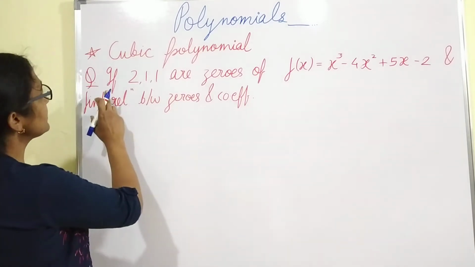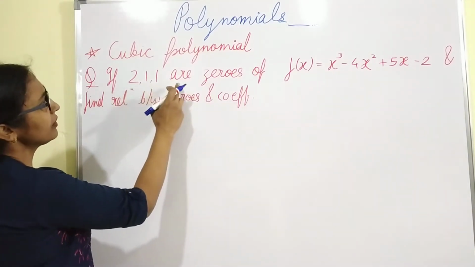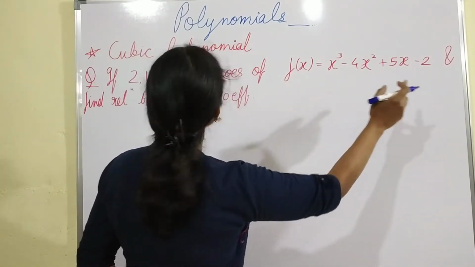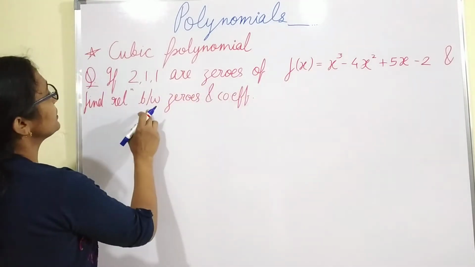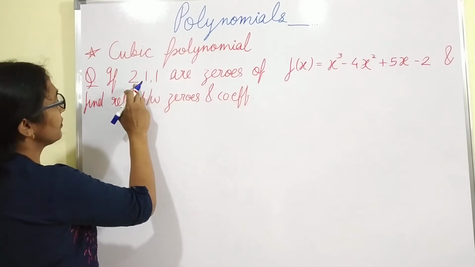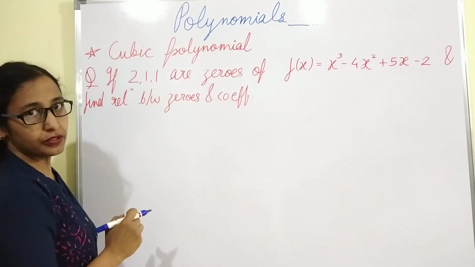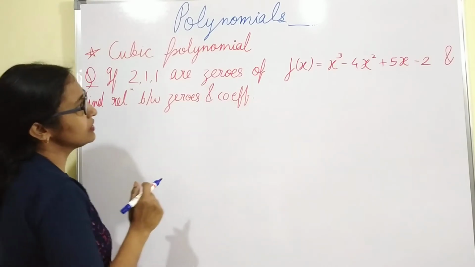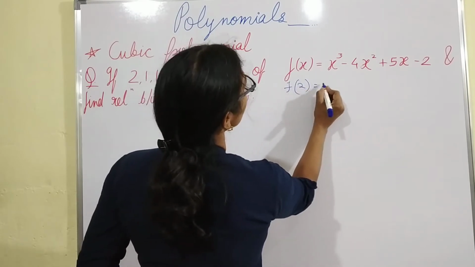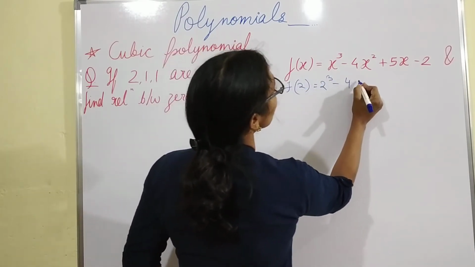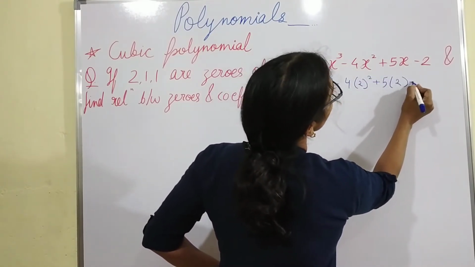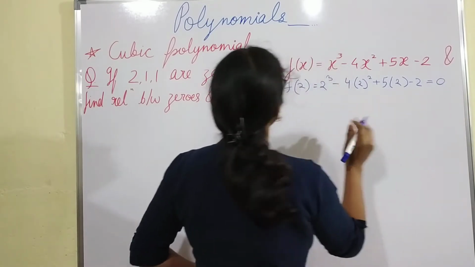Now the question is: if 2, 1, 1 are zeros of f of x equals x cube minus 4x square plus 5x minus 2, verify the relation between zeros and coefficients. First we have to prove that 2, 1 and 1 are zeros. So f of 2 is 2 cube minus 4 times 2 square plus 5 into 2 minus 2 equals 0.